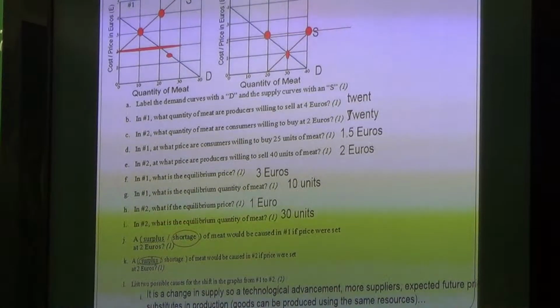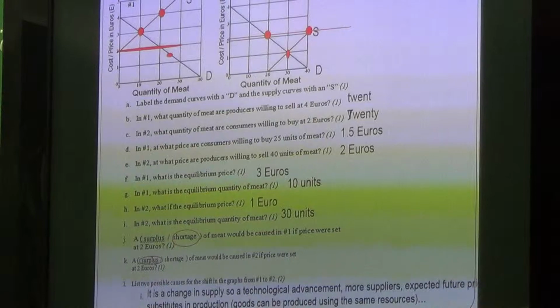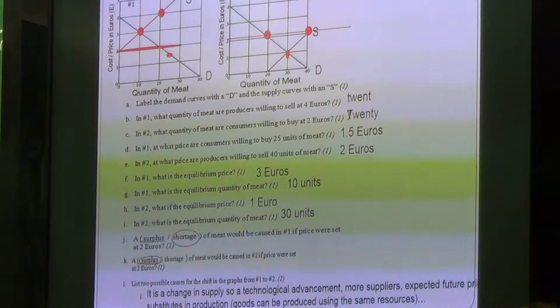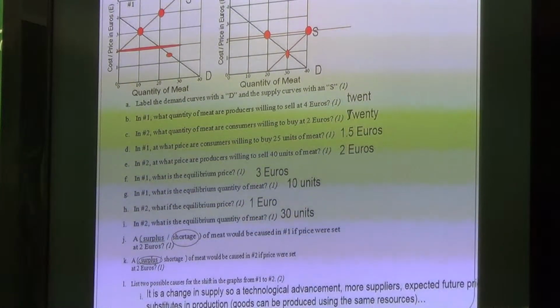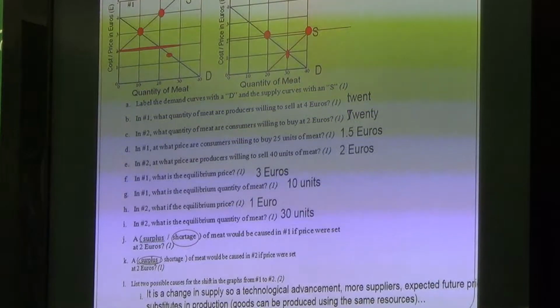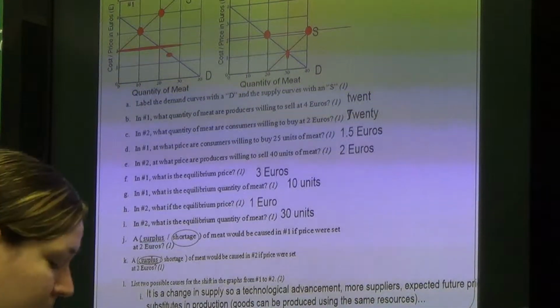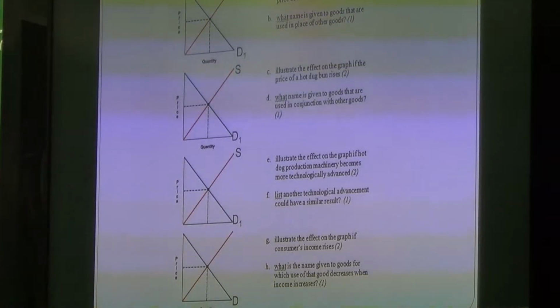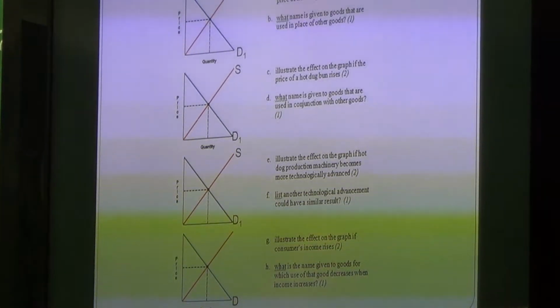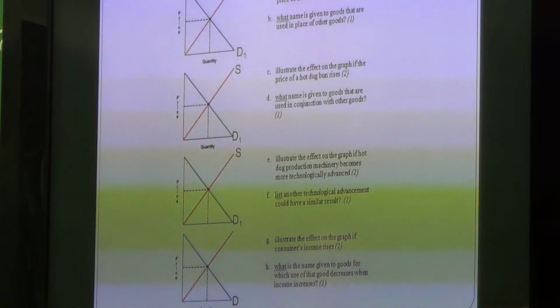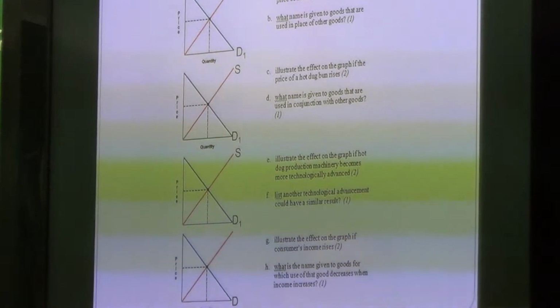Okay, so it's this next slide that's gonna be important to understand, especially for the second part of the test. Okay, so suppose the following supply and demand curves are for hot dogs. Illustrate the effect on the graph if the price of hamburger rises.